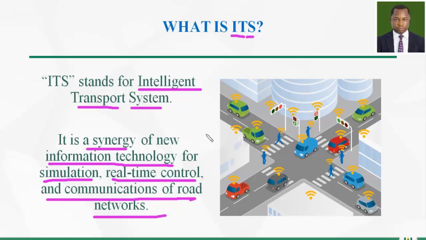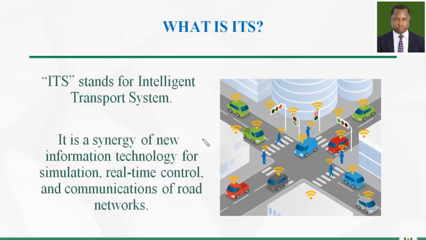ITS has to do with information technology. It's some kind of innovative ideology to monitor road traffic. By way of simple definition, it is a new information technology that is used to simulate real-time control and the communications of road networks.